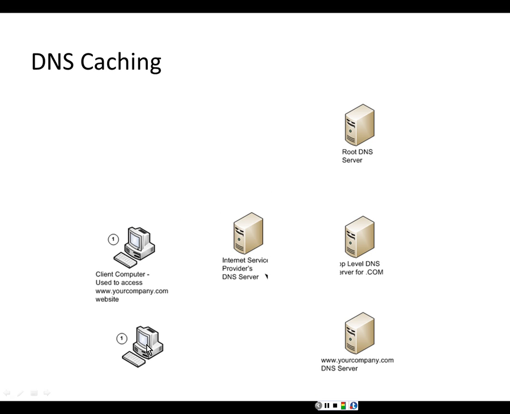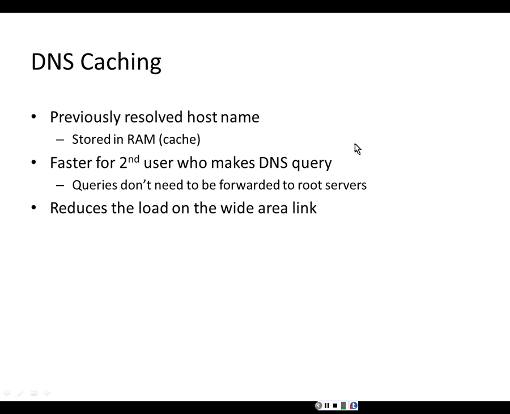So 5 minutes later, when another user tries to access Microsoft.com, the query does not have to be forwarded up to the root server because that query was just resolved a few minutes ago. The results of the resolution of that query are stored in the RAM of the DNS server, and thus this client gets the response immediately. It doesn't have to wait for the query to be pushed up to the root server.